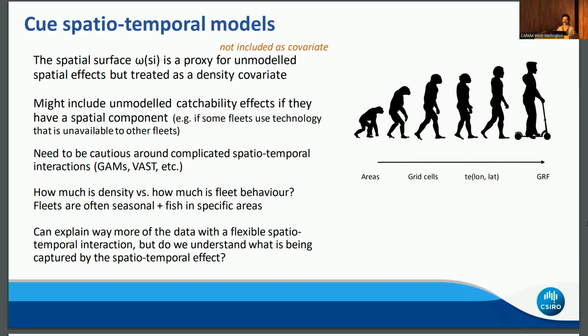And again, one of the big examples here is that often you have seasonal fleets that are only fishing in specific areas. And so it's quite hard to separate the two effects. You can explain more of the data with a flexible spatial-temporal interaction, but it's unclear whether what we're explaining is actually a density or a catchability effect. So you do have to be cautious when you use those types of surfaces.